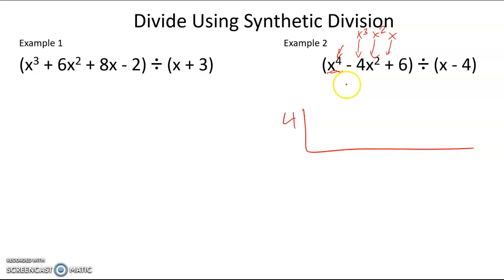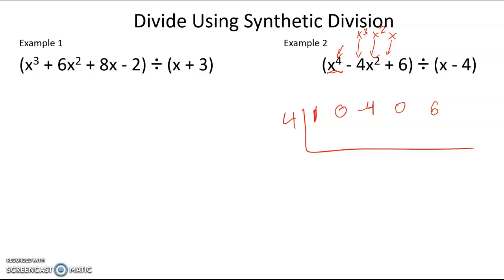All I have is x to the 4th and 4x squared. So I'm still going to use the coefficient of the x to the 4th, the 1 there. And for x cubed, I'm going to put a placeholder of 0 there, all right? And then for the -4x squared, the 4 is out front of the x squared. And then for the x, there's no x, so I'm going to use a placeholder of 0. And then in front of the 6, I'm going to use the 6 there, all right?